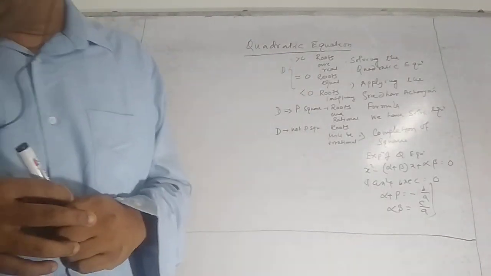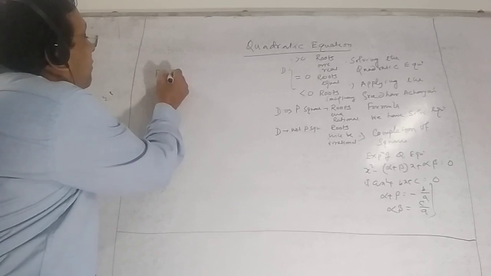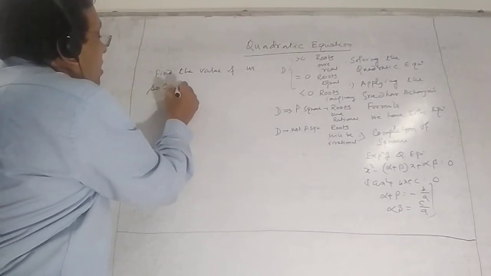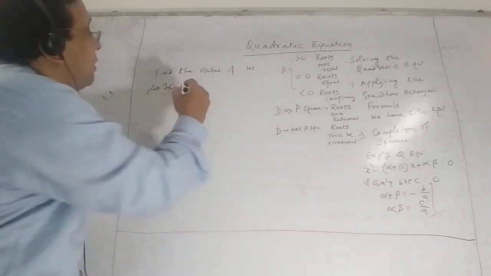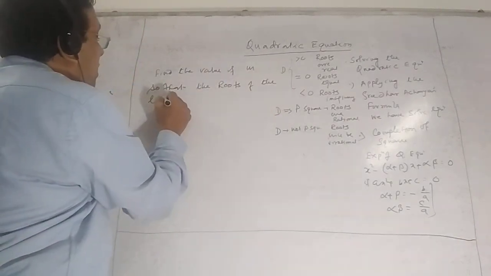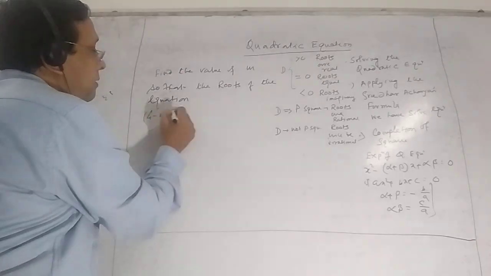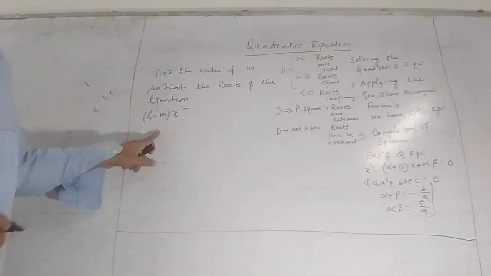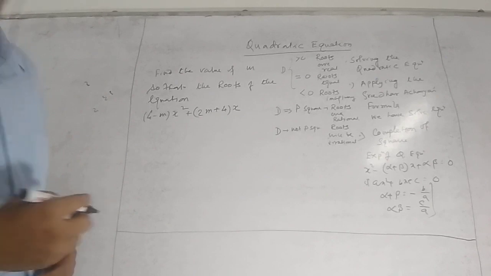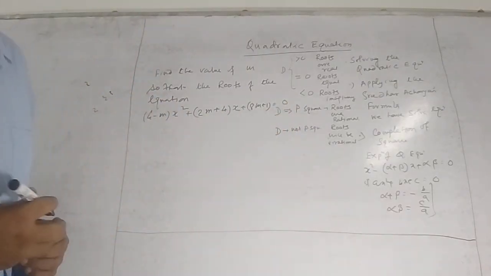For example, if this question comes: find the value of m so that the roots of the equation (4 minus m) x square plus (2m plus 4) x plus 8m plus 1 is equal to 0 may be equal.